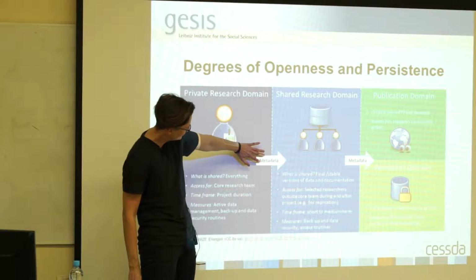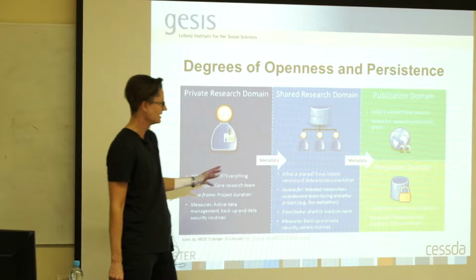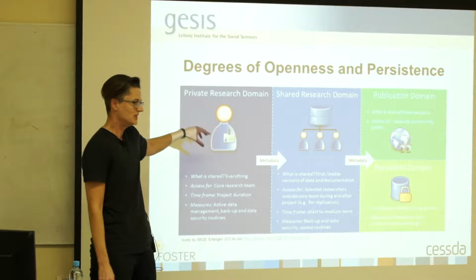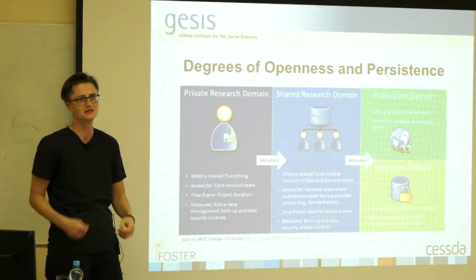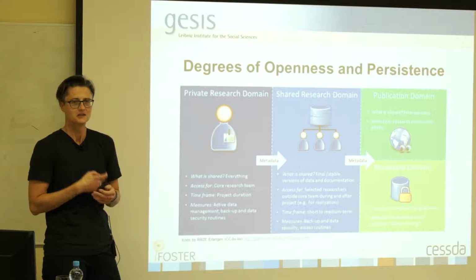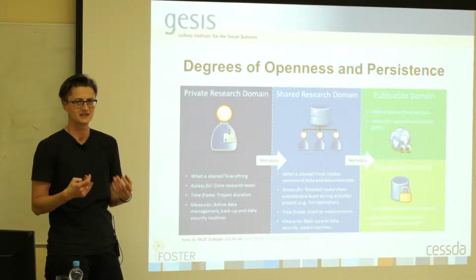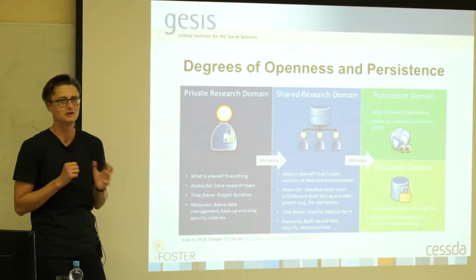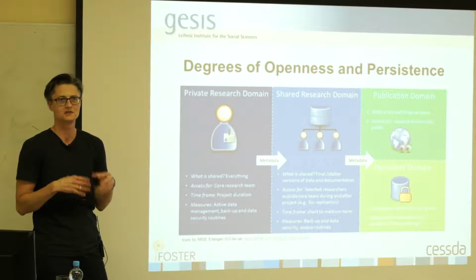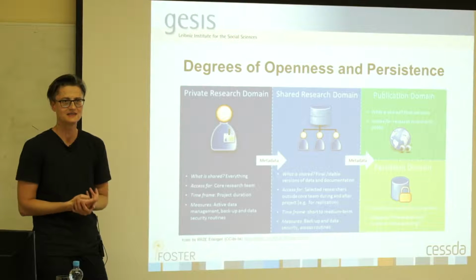What I have indicated here with those arrows is that whenever information is transferred from one domain to the next, typically you would have to add more information to it, or metadata. So in the primary research team, you will probably know what your data is about, you know what you have done with the data, how you handled it.